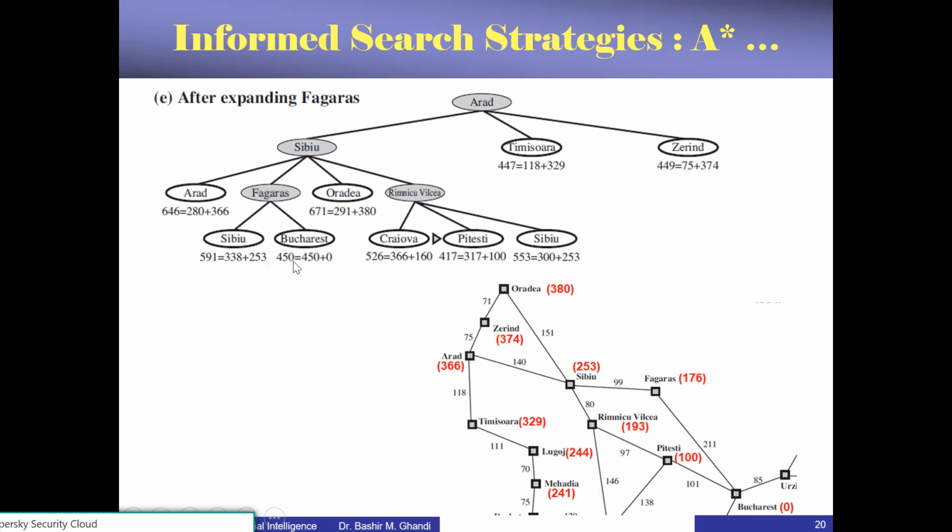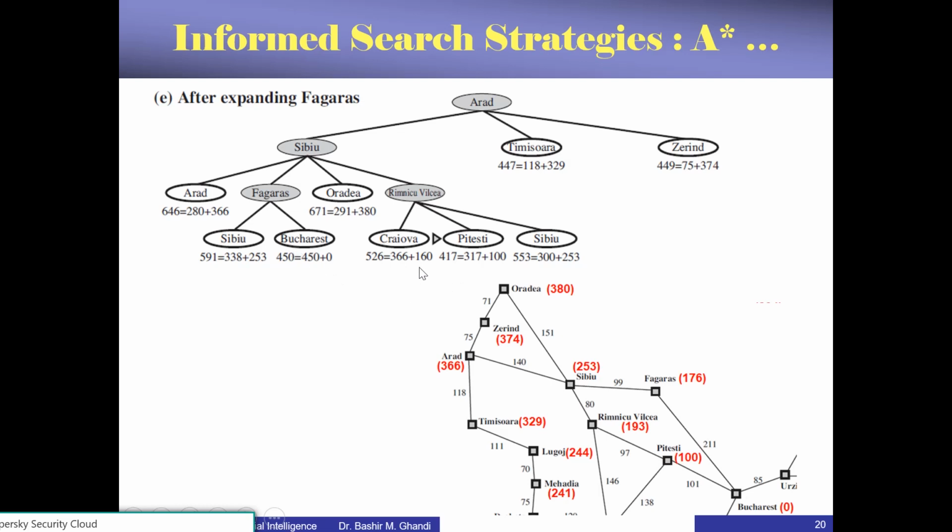Because if you look at the value of reaching Bucharest from Fagaras, it is 450. Whereas here we have Pitesti with 417, which is a much smaller value. So actually the algorithm will go ahead and explore Pitesti first to see maybe there is a better way to reach Bucharest from Pitesti.